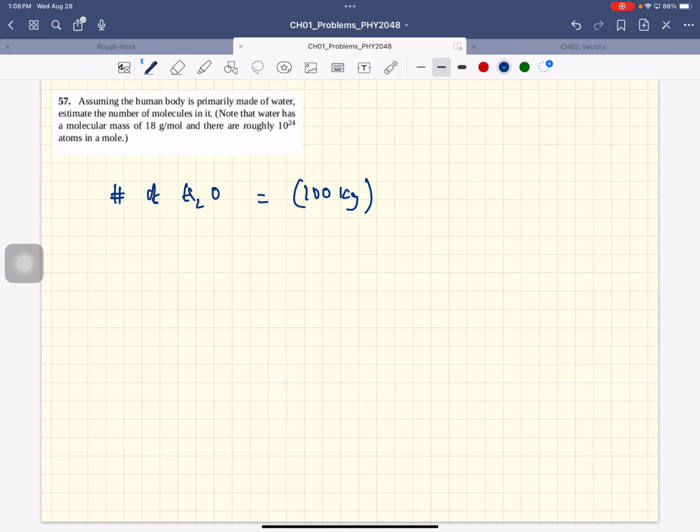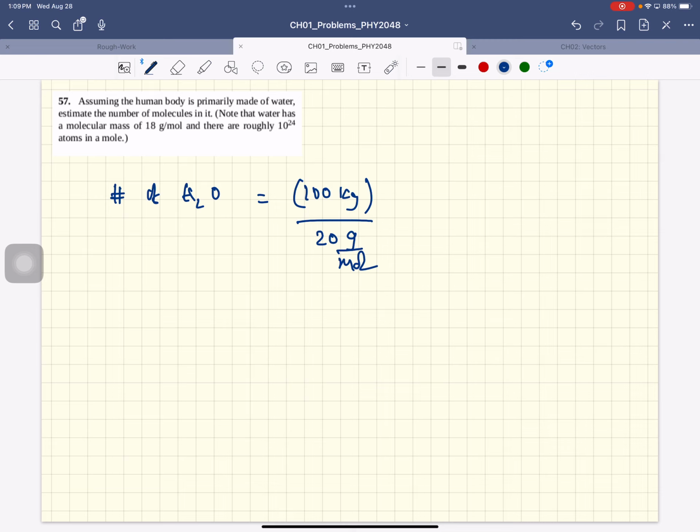The molecular mass is 18 grams per mole. We want to find how many moles there are in a human body, so we'll divide by 20 grams per mole. We'll make water a little heavier. Why did we do that? 100 divided by 20 is 5, which is easy to do. So we're doing calculations in our head.